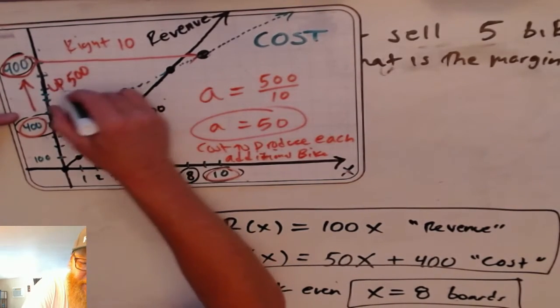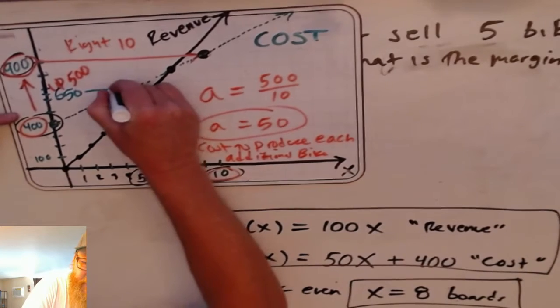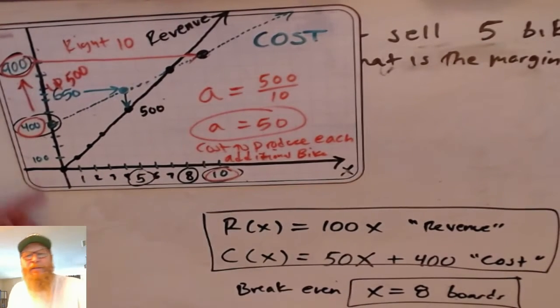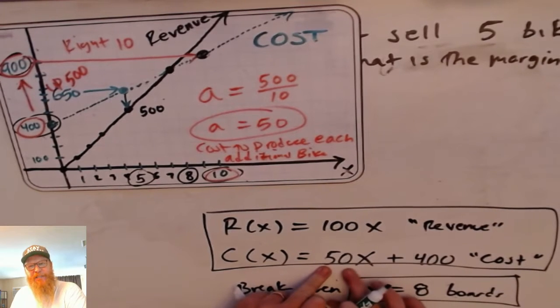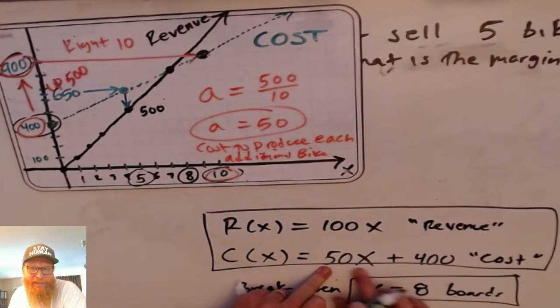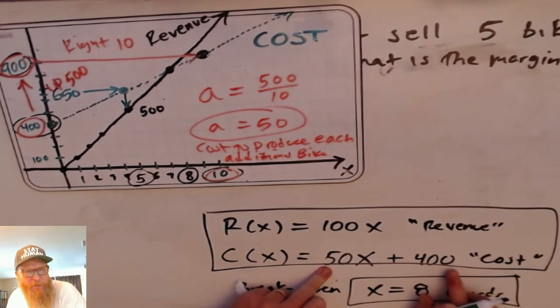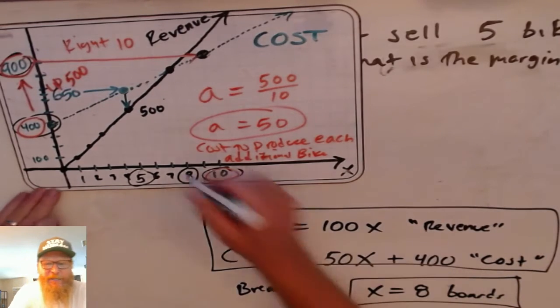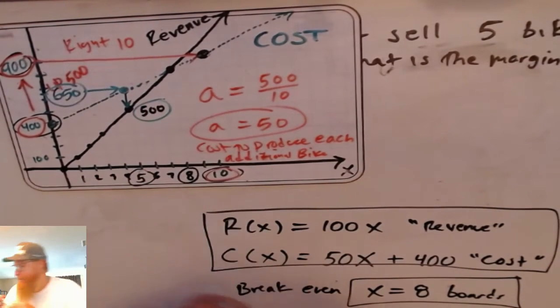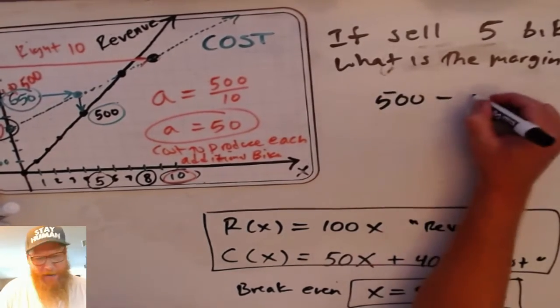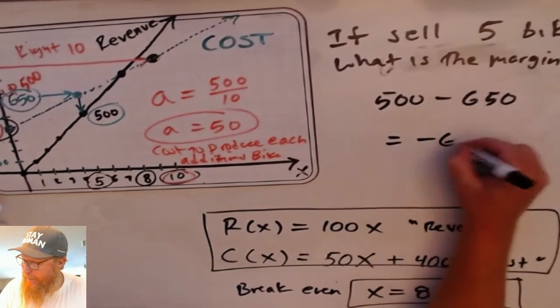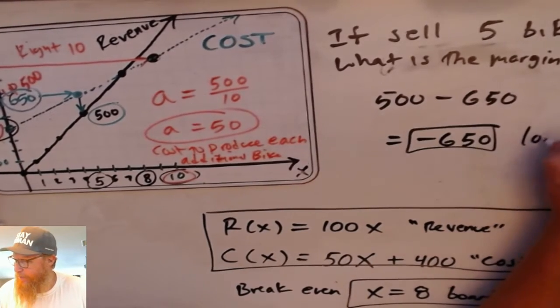So that's 650. If you're not sure, you can actually put it in here. Look, 5 times 50 would be 250. Yeah, and then plus the $400 in rent or whatever, so that's 650. So the margin of profit is 500 minus 650, which is negative $150. So that's a loss.